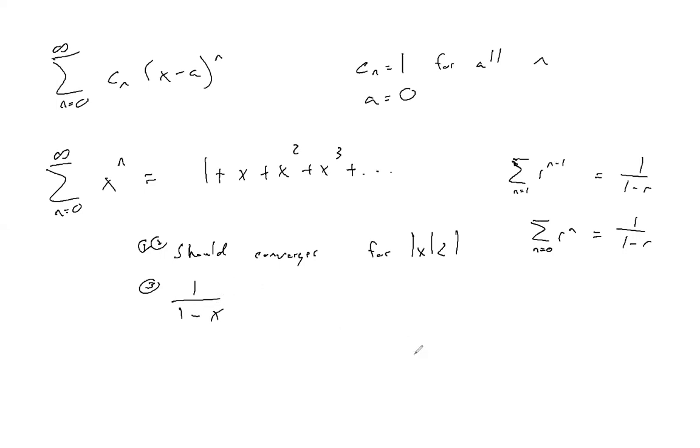Okay. And maybe to make it a bit clearer, let's plug in some values and see what's going on. So again, I'm considering x to the n. Let's just plug in some values.